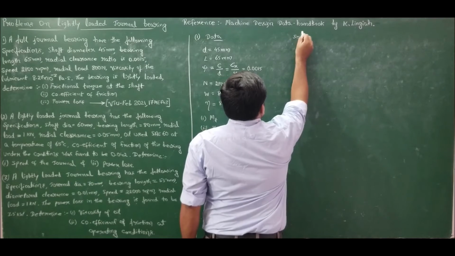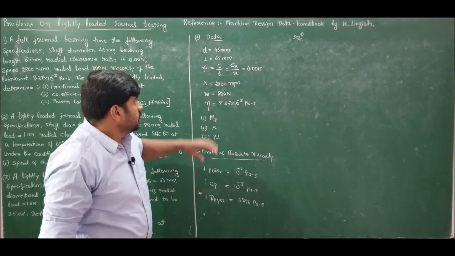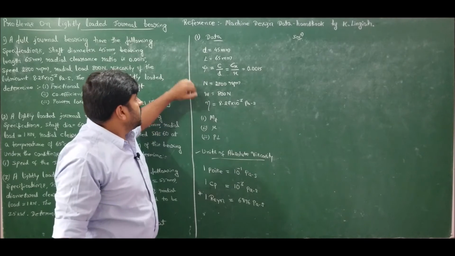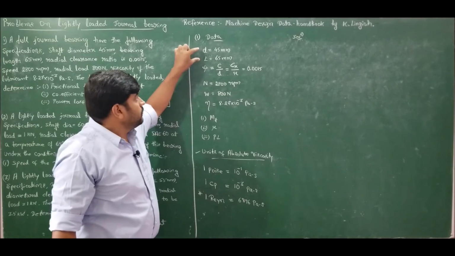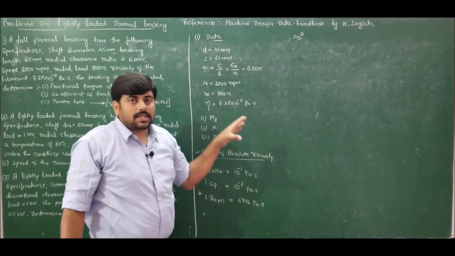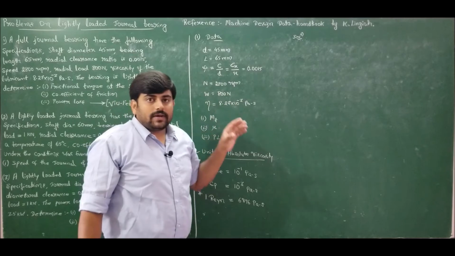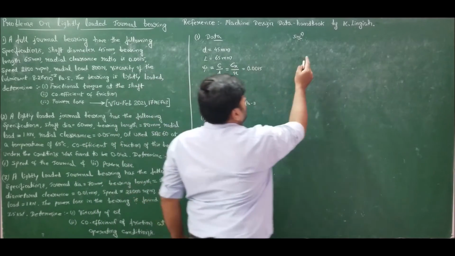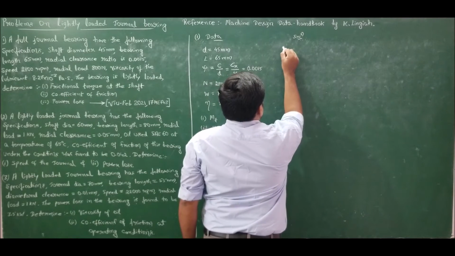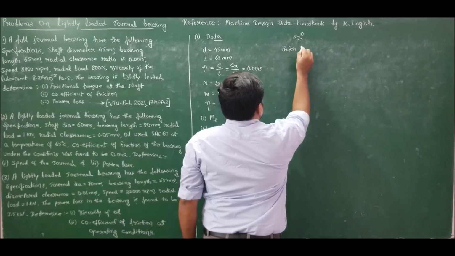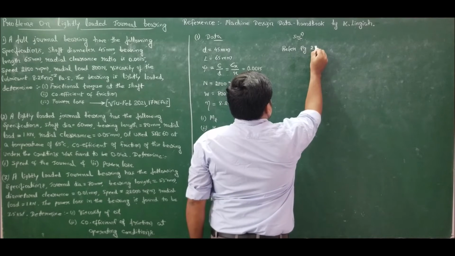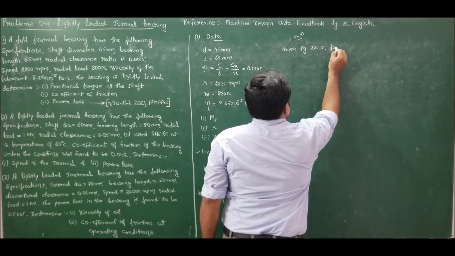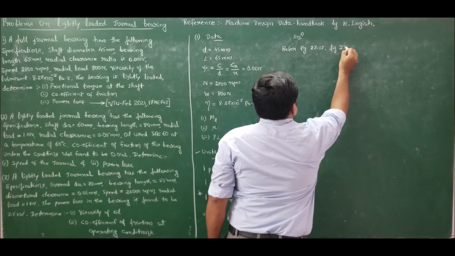If I move to the solution, if you carefully observe, he has specified only the load acting, and he has given the diameter and length. Now we know that the pressure acting on the journal is given by load divided by projected area, which can be viewed in our data handbook written by K. Lingaya, referring to page number 23.13, figure 23.6.